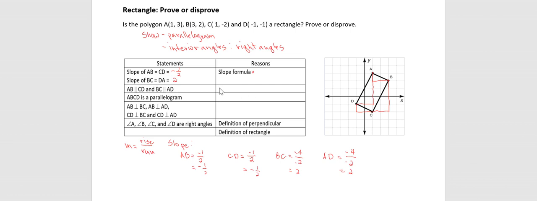And this is by the definition of parallel lines. Since the opposite sides are parallel, therefore ABCD is a parallelogram. And this is by the definition of parallelogram.